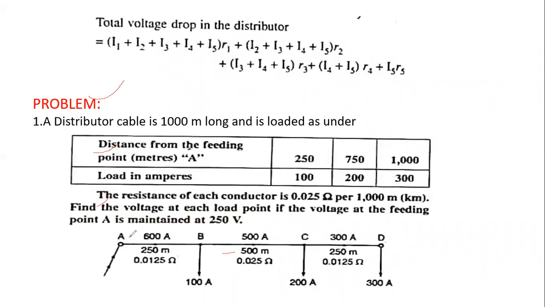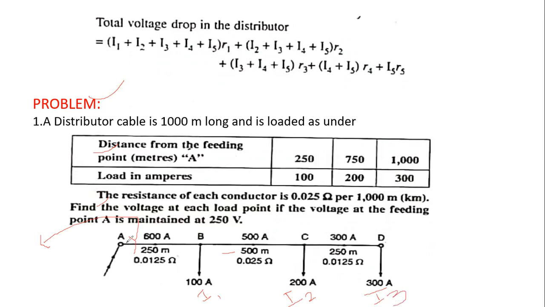First of all, what is the current at section AB? How many loading points are there? We have 3 loading points named I1, I2, I3.